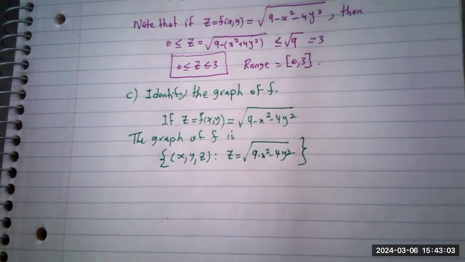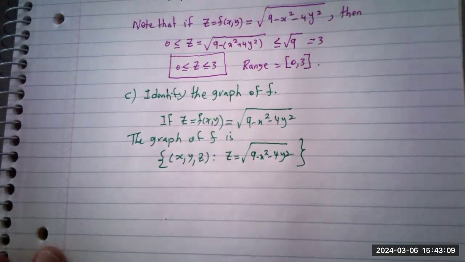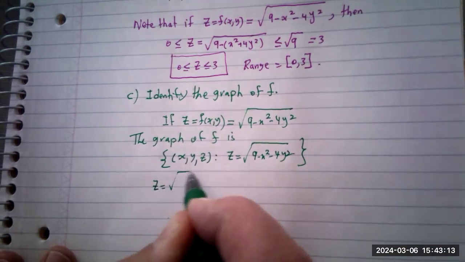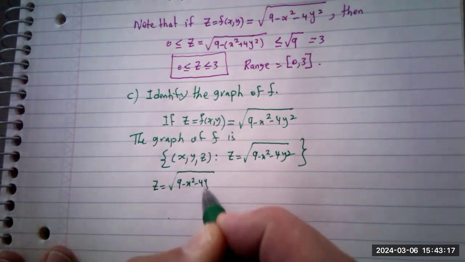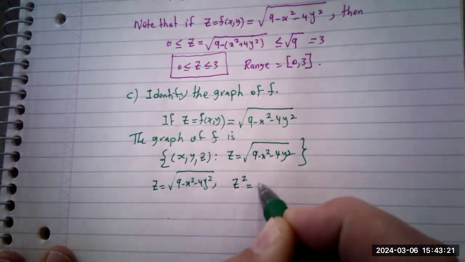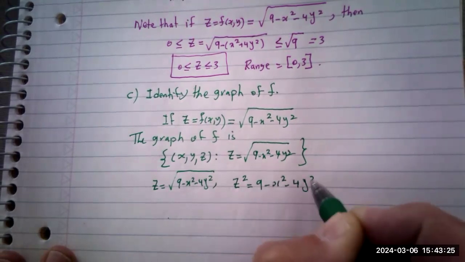Now we can describe it for us. If you want to describe it, we did it before. You see, this is z, which is 9 minus x squared minus 4y squared. You can square it, that gives z squared, and this is going to be 9 minus x squared minus 4y squared.